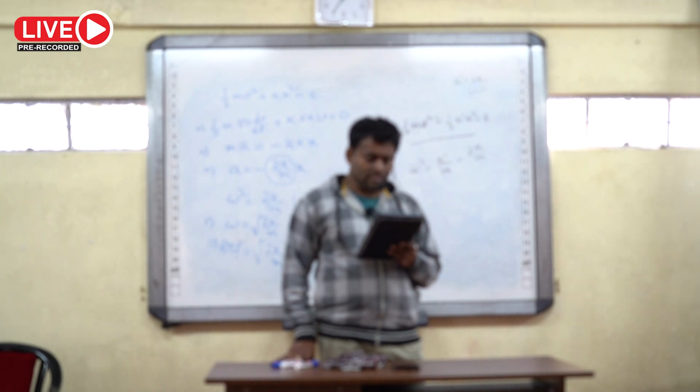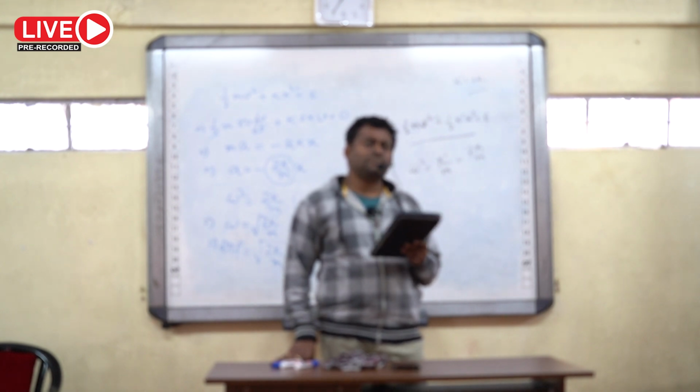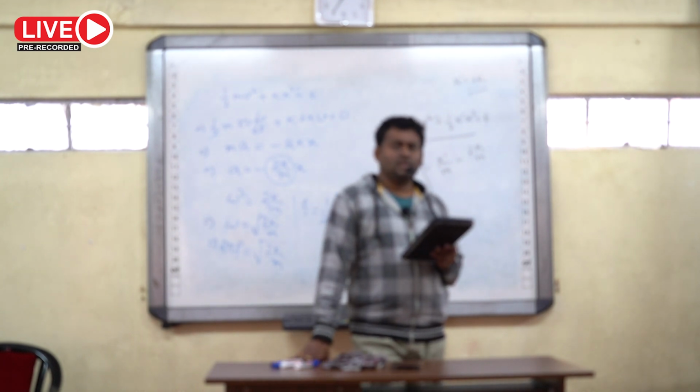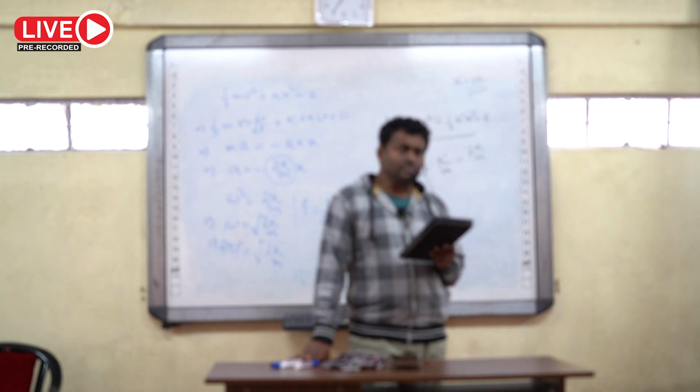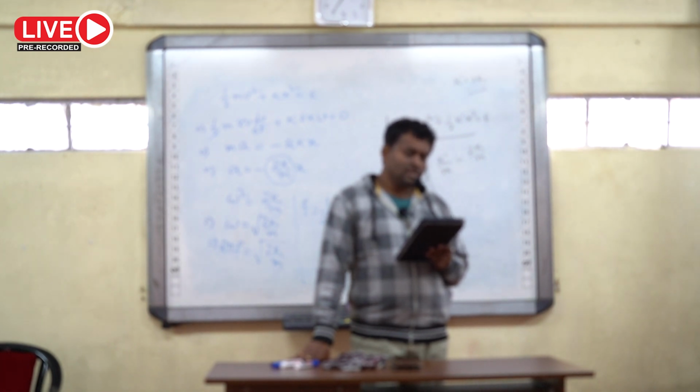Option A: Amplitude of the second pendulum is greater than first pendulum. Option B: Amplitude of second pendulum is smaller than first pendulum.